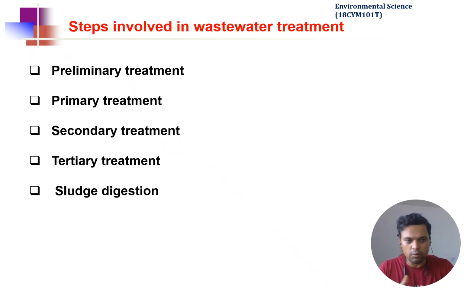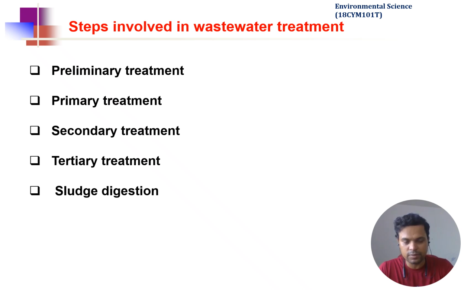The overall process is divided into five different steps. One is preliminary treatment, where we remove all the solid materials or big objects coming with the wastewater stream. Then we have primary treatment, where we remove the small particles.